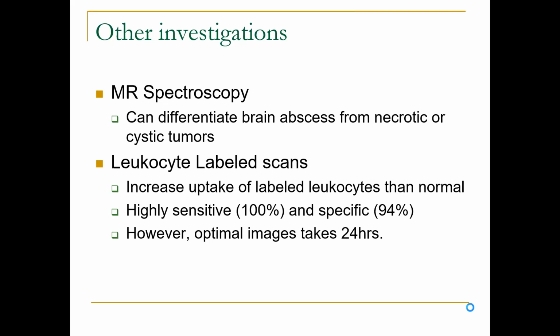The brain abscess on MR spectroscopy shows lactate and succinate peaks, whereas a cystic glioma or high-grade glioma will show a choline peak. And then there are some other ratios which we have to compare, but I'm not going into the details. On MR spectroscopy, you have to understand that the lactate peak will be high.